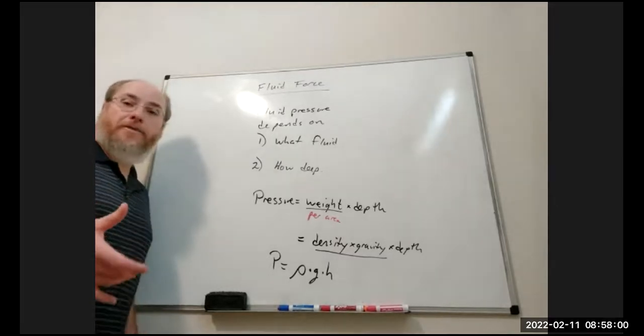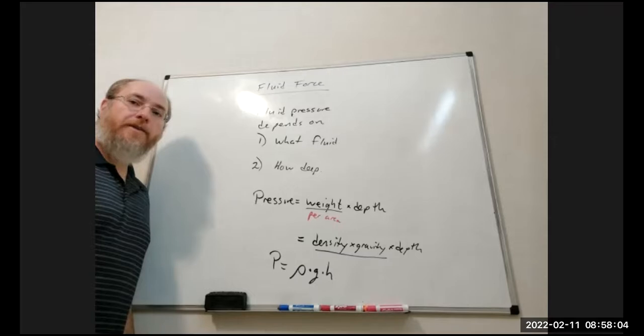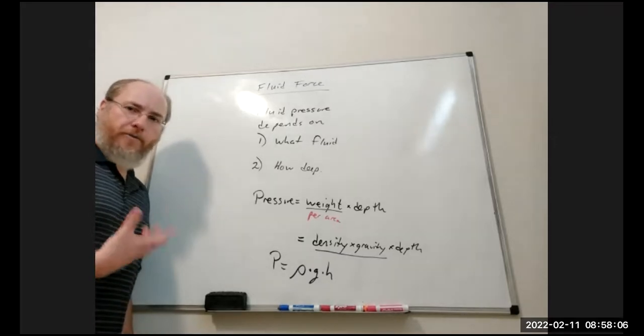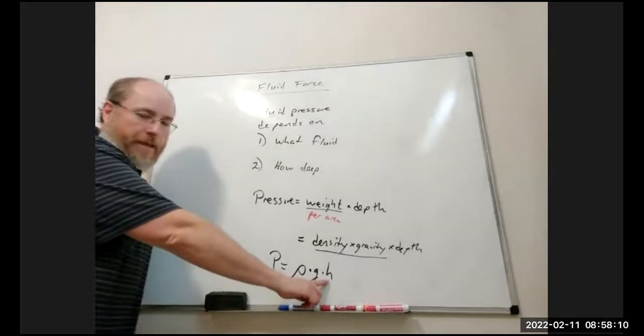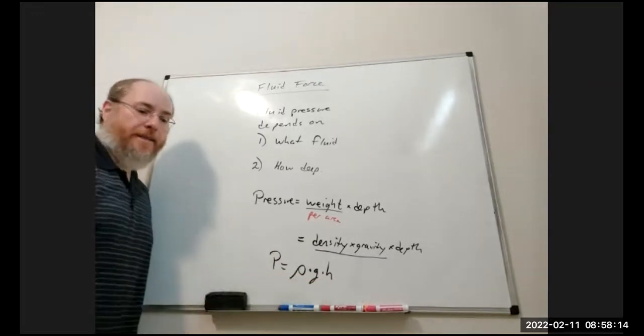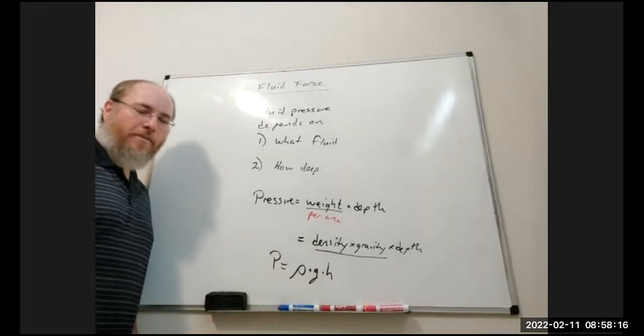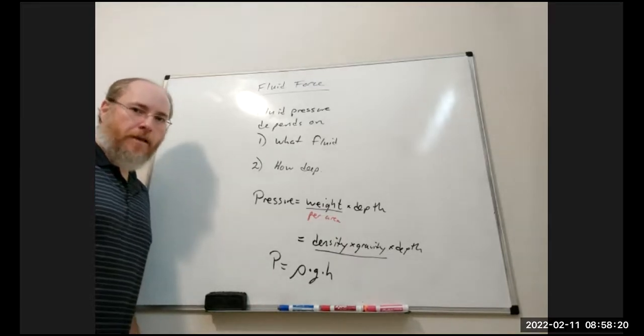Okay, so now remember I was talking about we've got miles of air above us and we aren't feeling really great pressure. Well, that's because even though h is big, the density is small. The density of air is just a little bit more than 1 kilogram per cubic meter. So think about that.